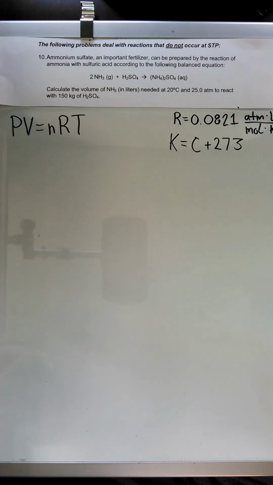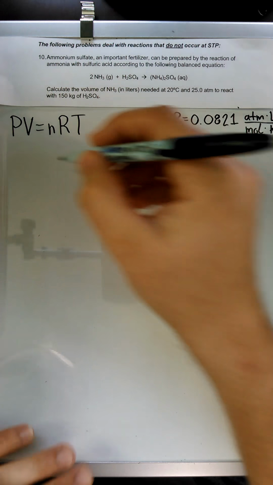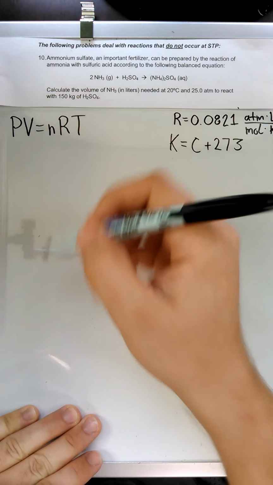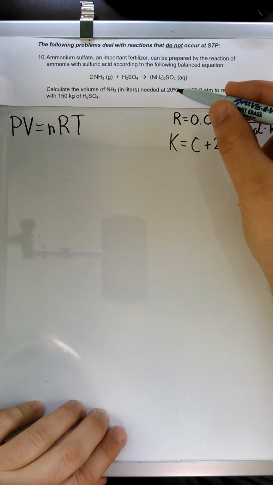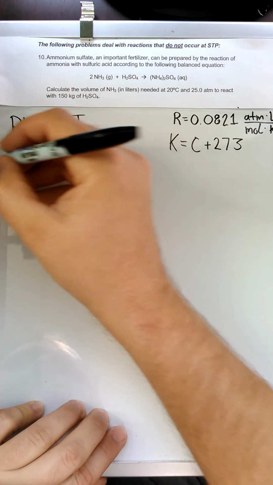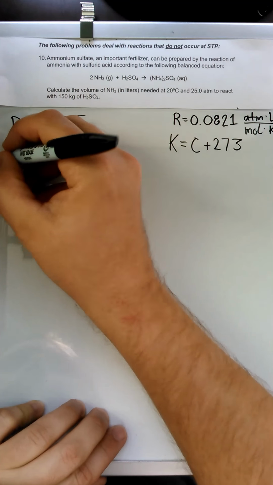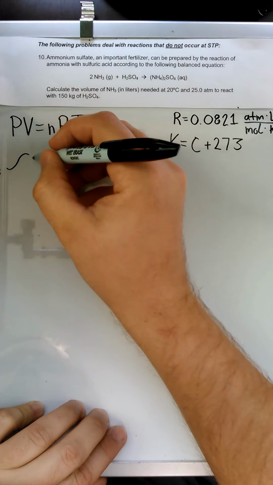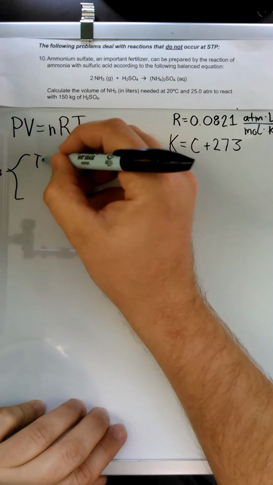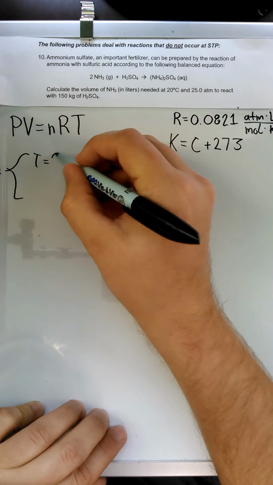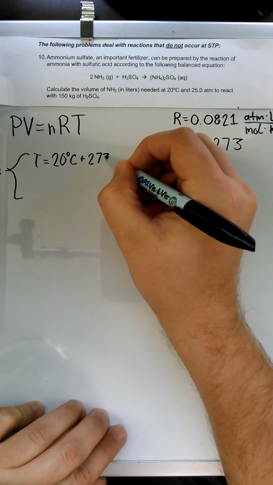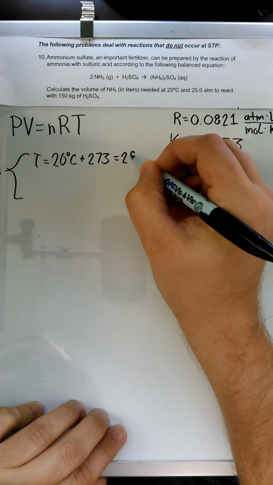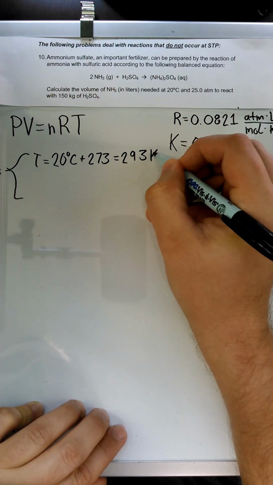So, what I like to do to get started is go ahead and simply identify what we know. All right, we know we have a temperature for ammonia. All these quantities are for ammonia, so just make a little note of that. We have a temperature value of 20 degrees Celsius, which when we add 273 to that, we get 293 Kelvin.